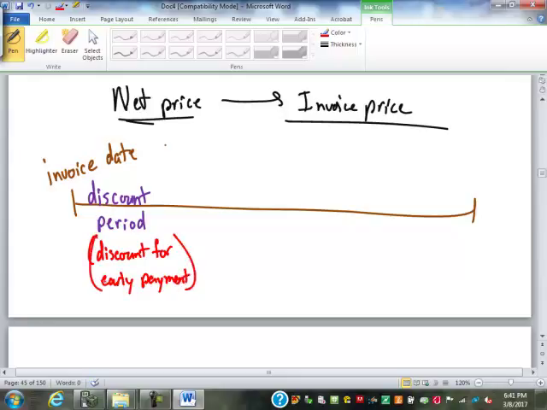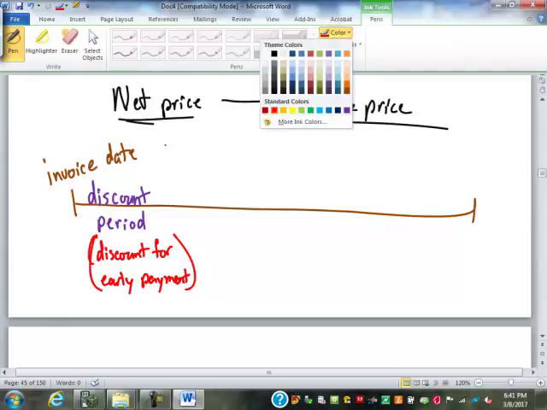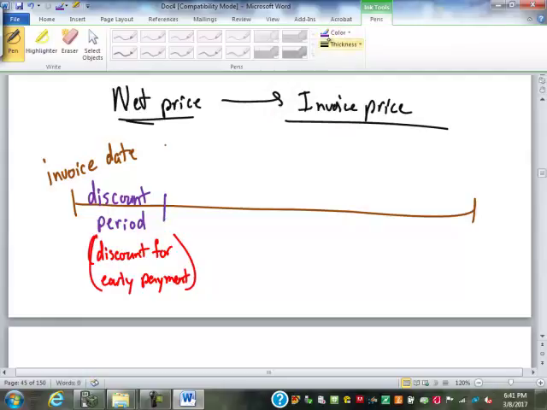Now, this is another one of those things that depends on the textbook you're using. Most often, that is referred to as a cash discount. I've seen it referred to as an early payment discount, a prompt payment discount, an early payment incentive. It all comes down to the same thing. If you pay within a certain period of time, they're going to give you a discount.